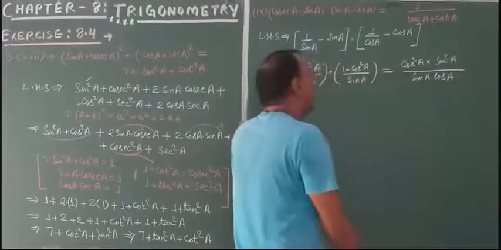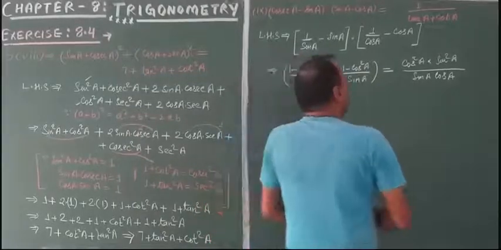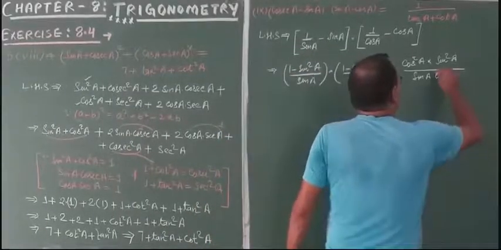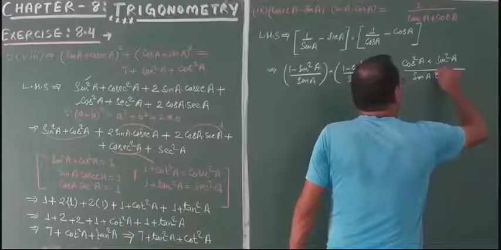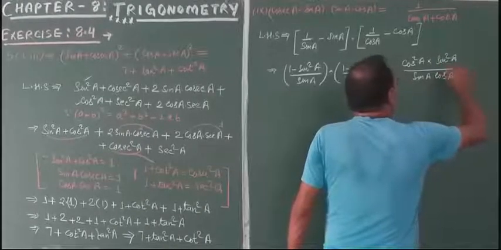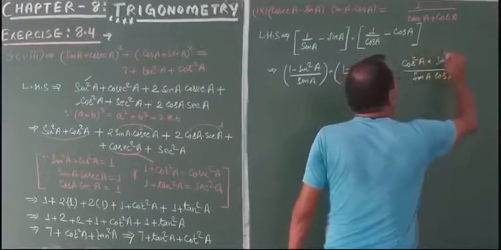Now this cos square A and this will cancel out.